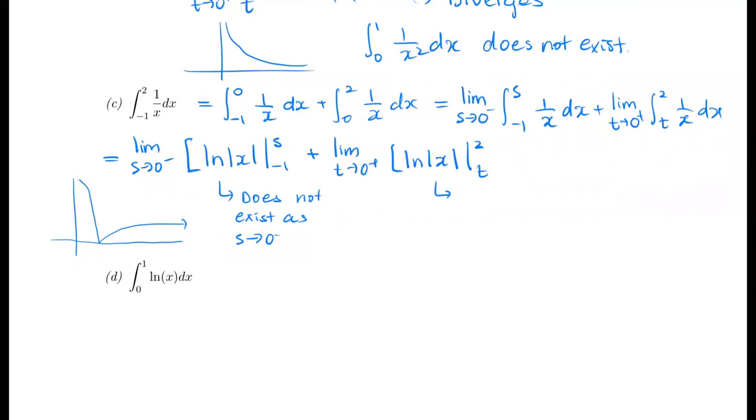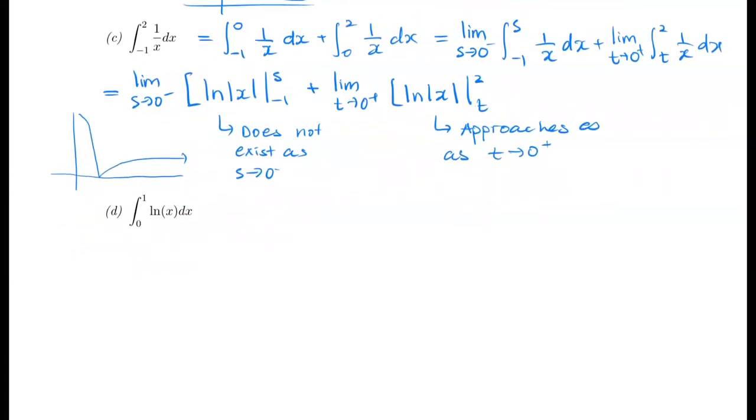So we say it approaches infinity as t approaches 0 from the right. Because that's the case, we say that the limit or the integral here does not exist, or it diverges.